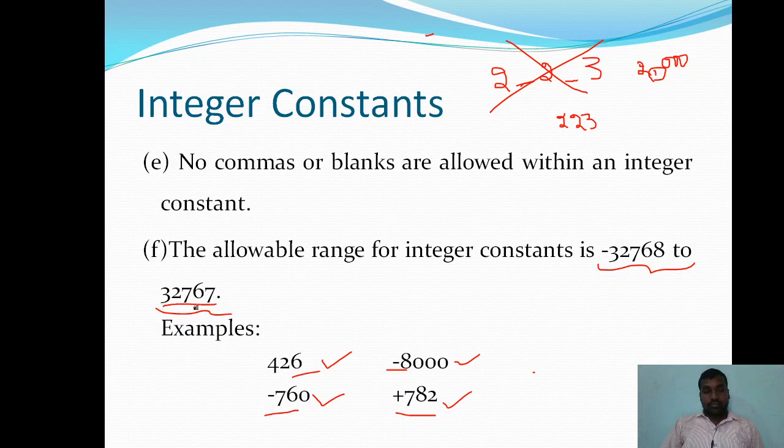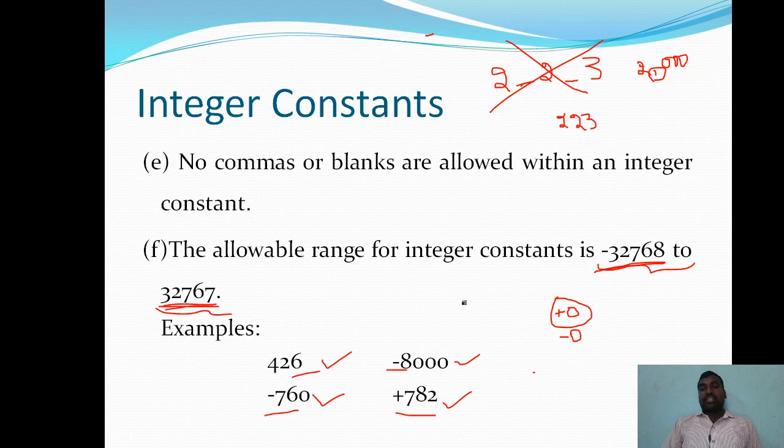So here 0 is an integer constant, and there is no 0 with a negative symbol, okay. So 0 is always positive. That's why in the positive values we have one number fewer compared with the negative ones, okay.